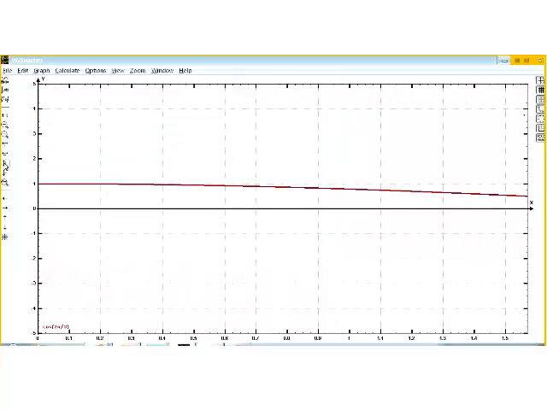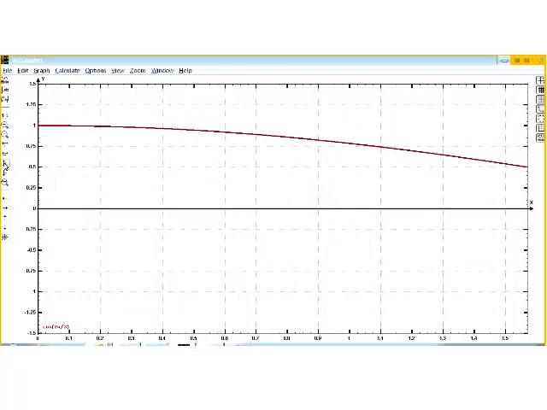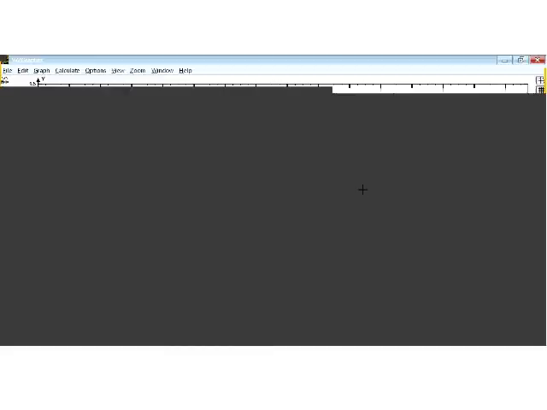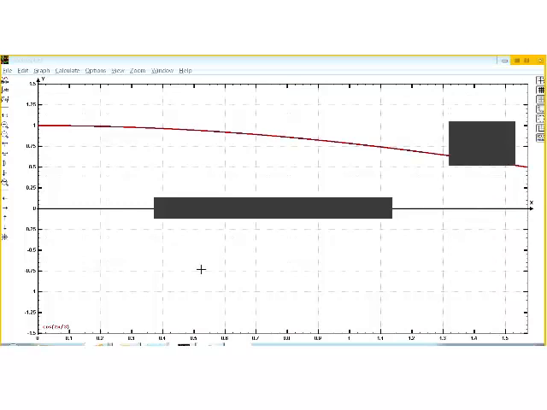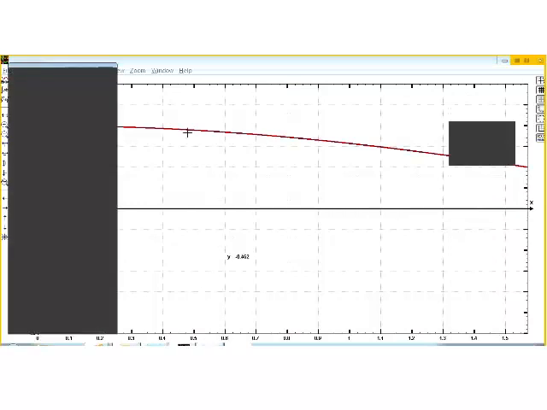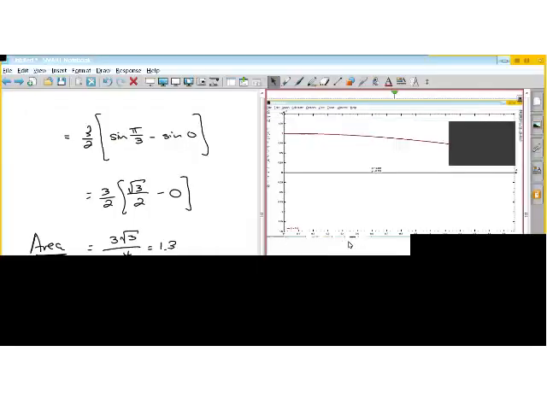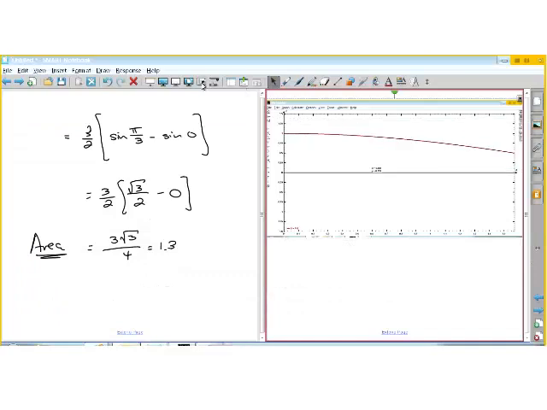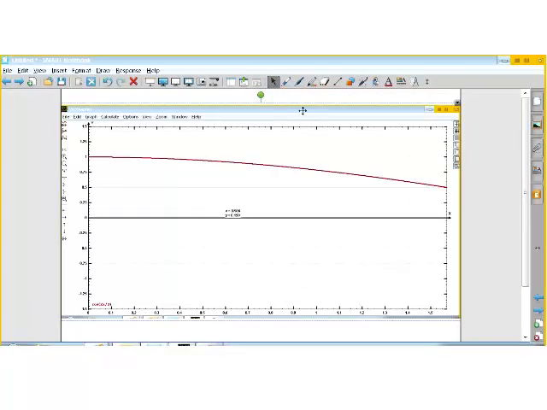Okay, let's zoom in here a little bit. Okay, now we're going to make an estimate of what's going on. So that's our curve. That's the original curve.